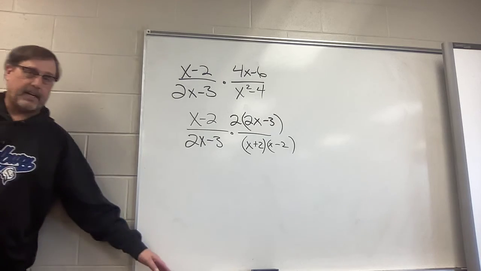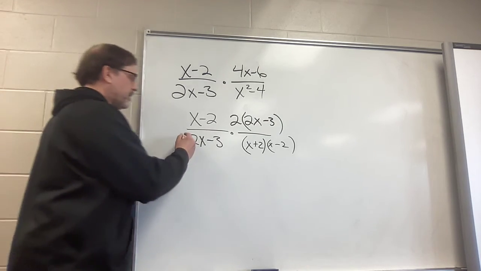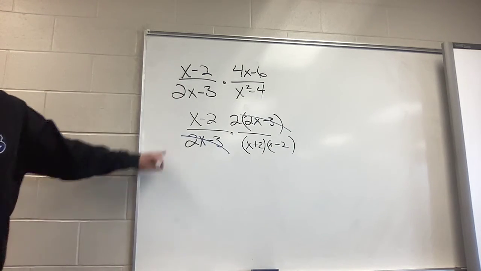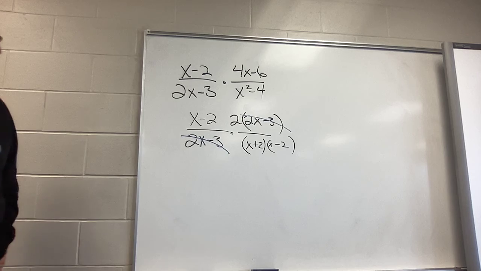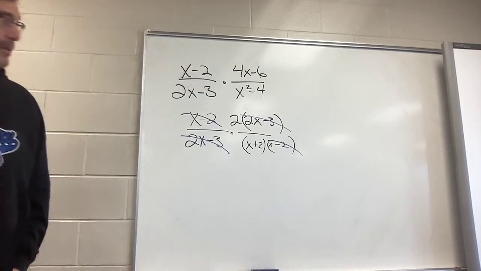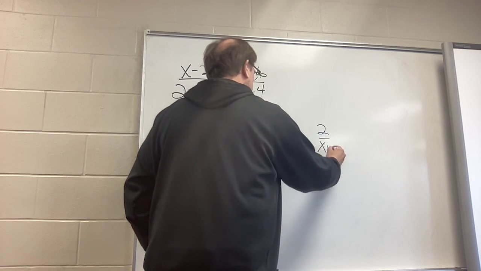It's all been factored. You can cross out. Goodbye. By the way, they're not really crossed out. They're becoming a 1 over 1. And you've got 2 over x plus 2.